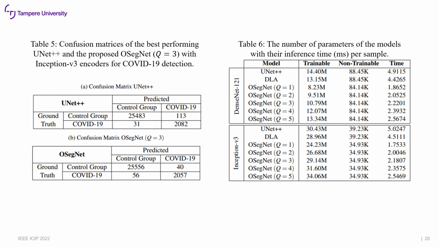You can see that for both encoders, the state-of-the-art has the longest inference time per sample compared to our proposed OSegNet models. Even with the most complex Q, when Q is set to 5, we have achieved much less inference time compared to state-of-the-art. So we can show that the network complexity has been reduced.